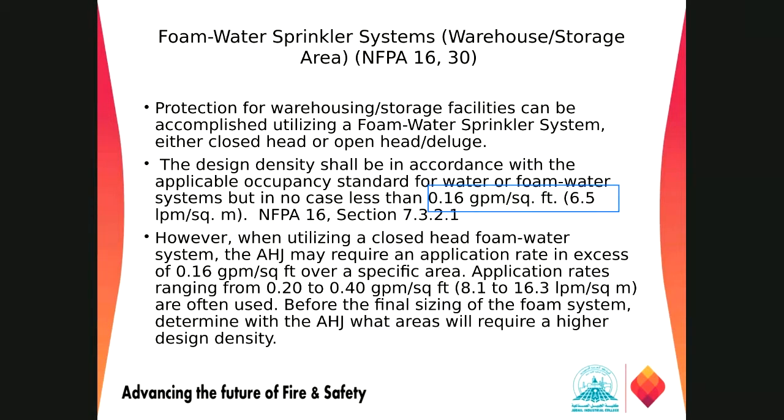When we are utilizing the closed head foam water system, the AHJ may require an application rate in excess of 0.16 GPM per square feet over a specific area. Mostly we are using the open nozzles, but if you are using the closed nozzle, we have to use a density higher than 0.16 GPM per square feet, and it might be 0.2 to 0.40 GPM.